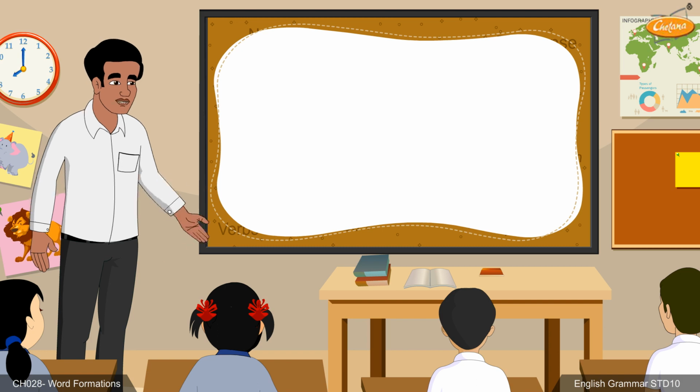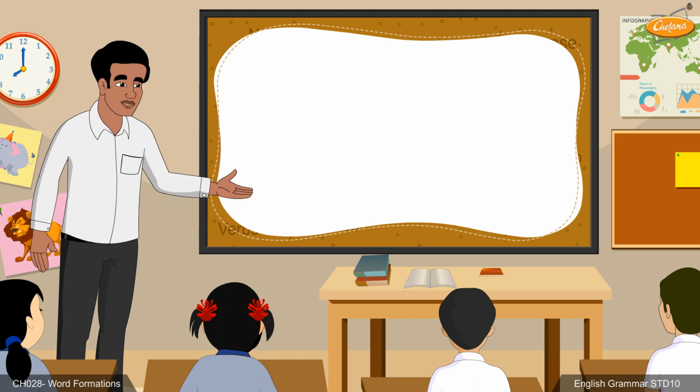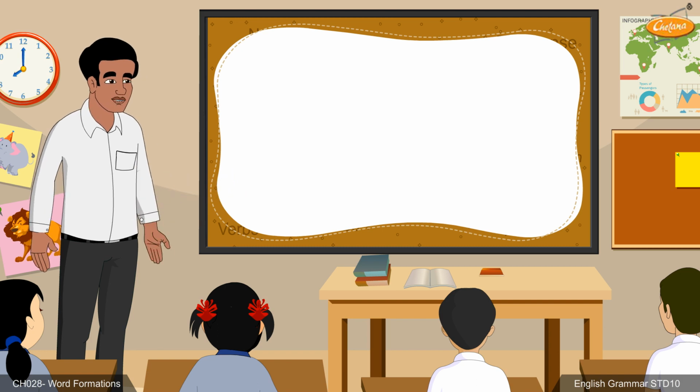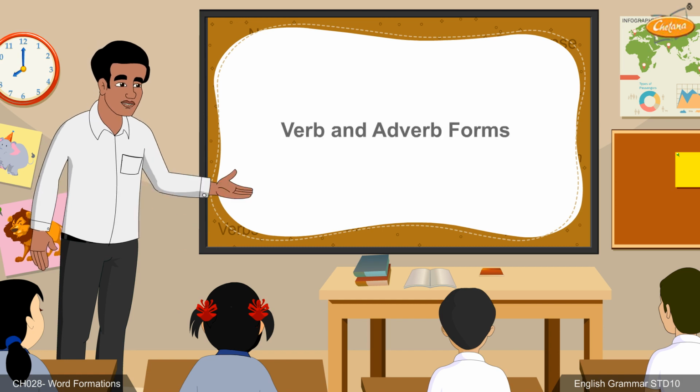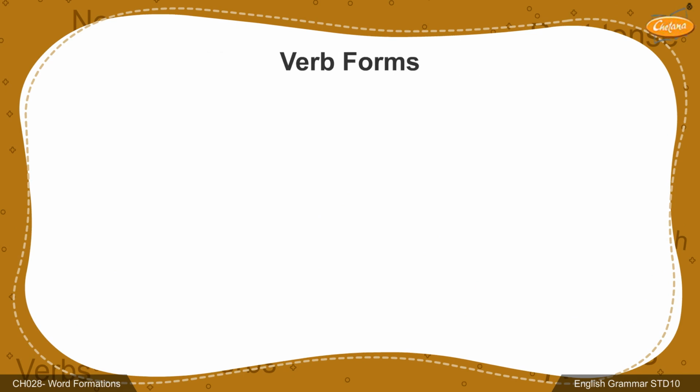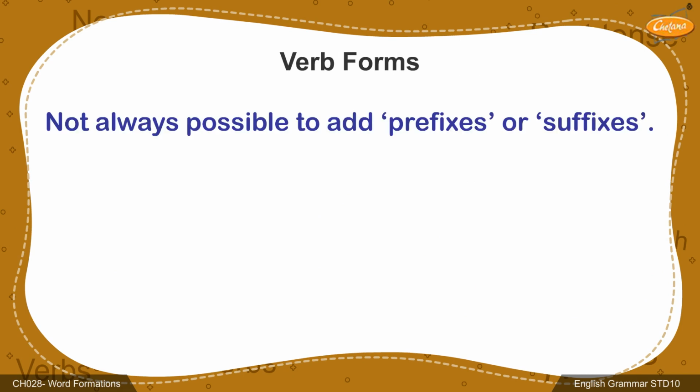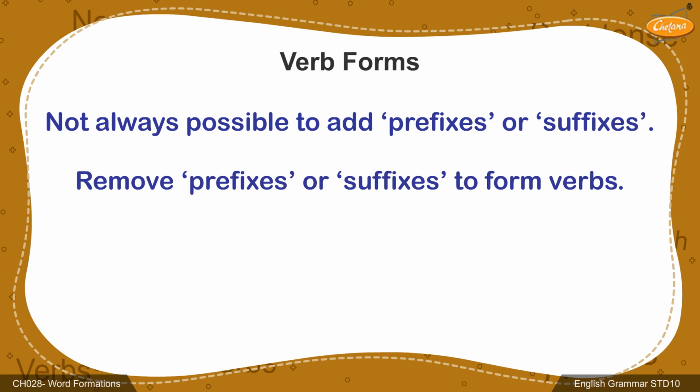Students, now that we have familiarized ourselves with noun and adjective forms, let's move on to verb and adverb forms. In case of verb forms, it is not always possible to add prefixes or suffixes. In some cases, you may have to remove the prefixes and suffixes to come up with the verb form.